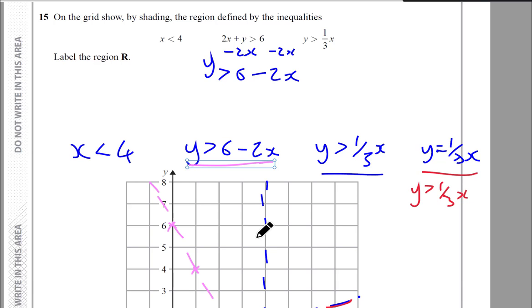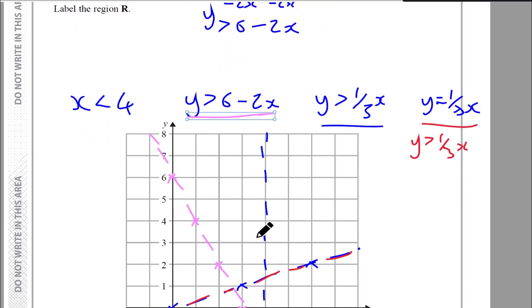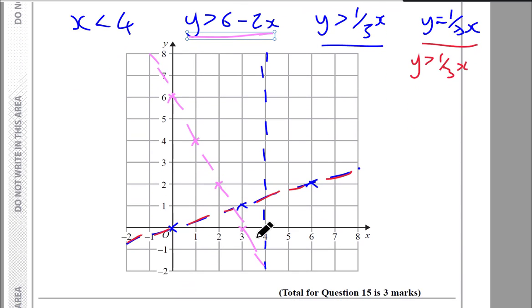Now you've got 2. What are we doing? So the region defined by all 3 of those, label the region R. So what's in all 3 of those? X is less than 4. So x is less than 4 is this way, right? Just join that.